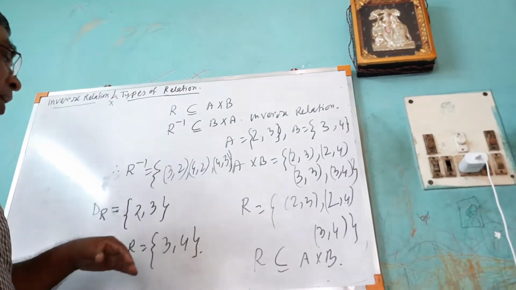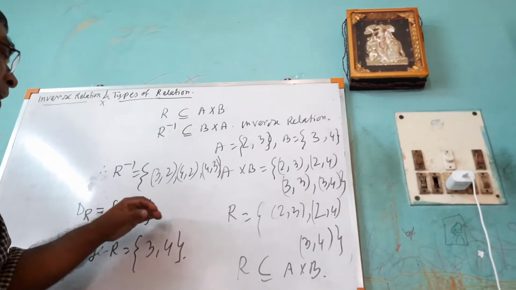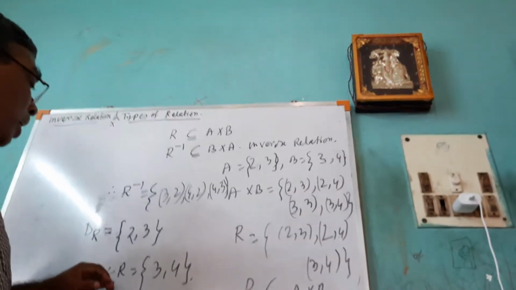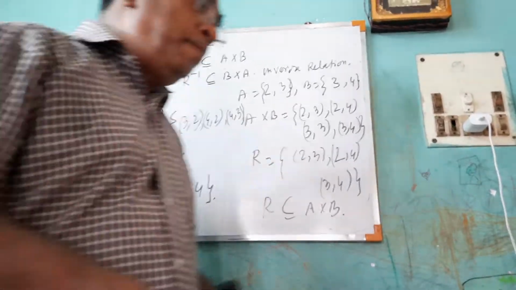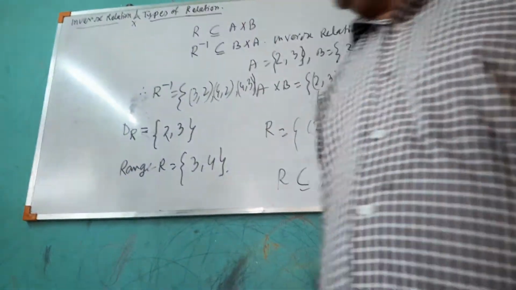So from this we can say domain R equal to range R inverse, and range R equal to domain R inverse.